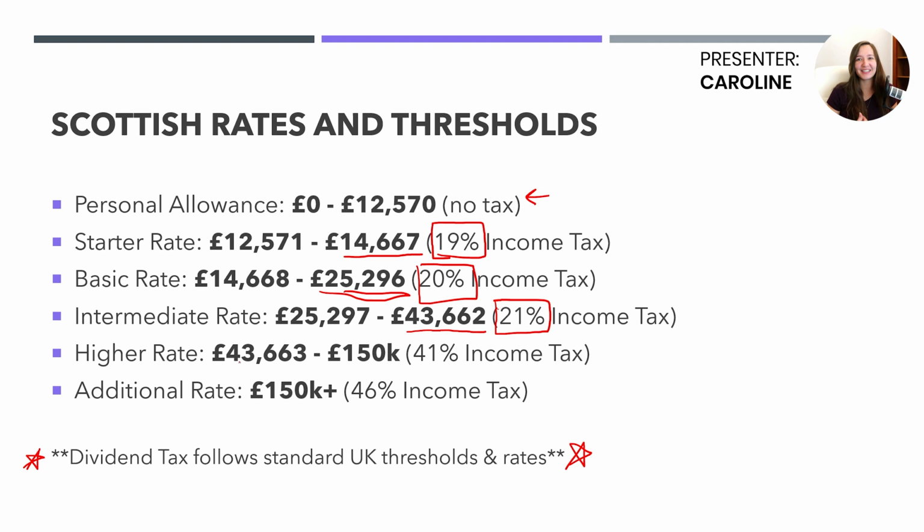And you'll notice the higher rate starts sooner as well at £43,663, and also the higher rate taxes are increased by another 1%. So up to 150k is 41% from 43,600 rather than 50,270. And the additional rate again is 1% higher than the UK rates at 46% tax.